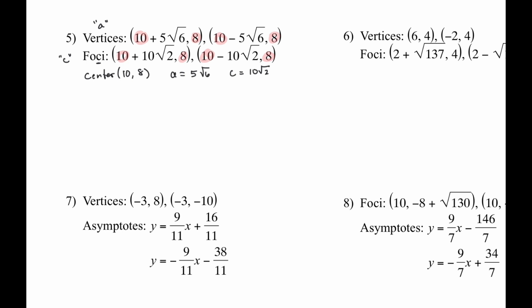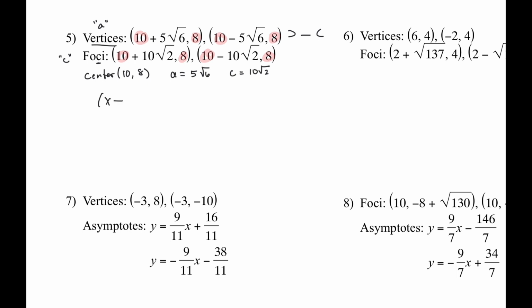Okay, so I'm looking at the vertices right now, and I can tell you that the x coordinate is what we're adding and subtracting that 5 square roots of 6 to. So that means the x part is changing, so the graph is going to be opening up left and right like the x-axis.